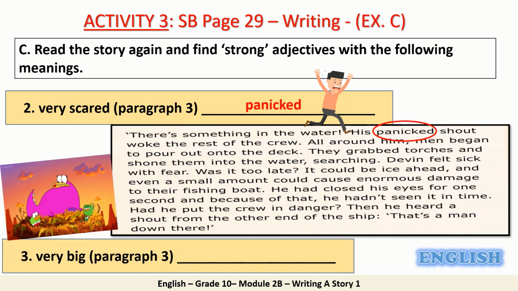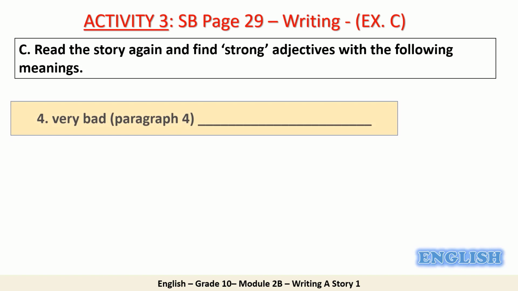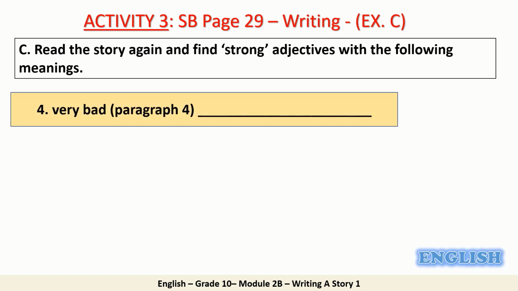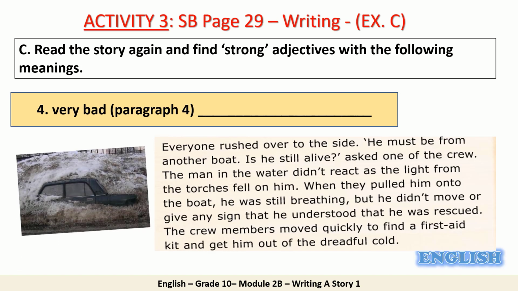3, we have to find a strong adjective in paragraph 3 that means very big. Enormous means very big. Number 4, we have to find in paragraph 4 a strong adjective that means very bad. Your answer?